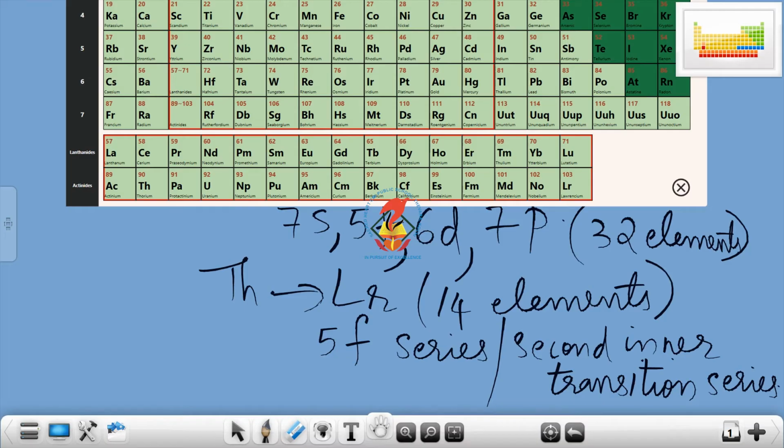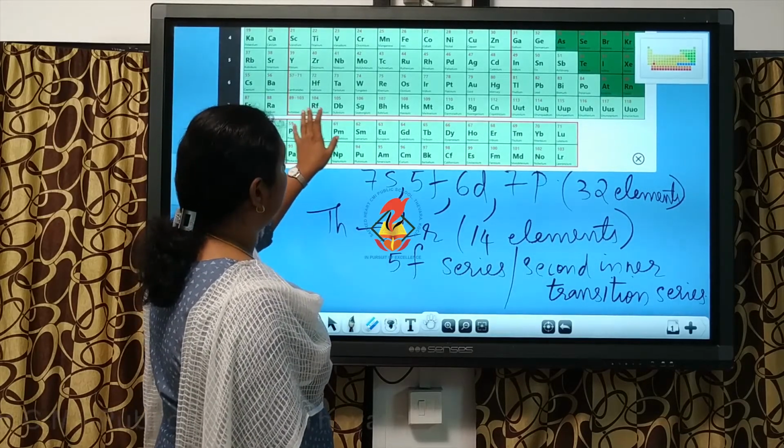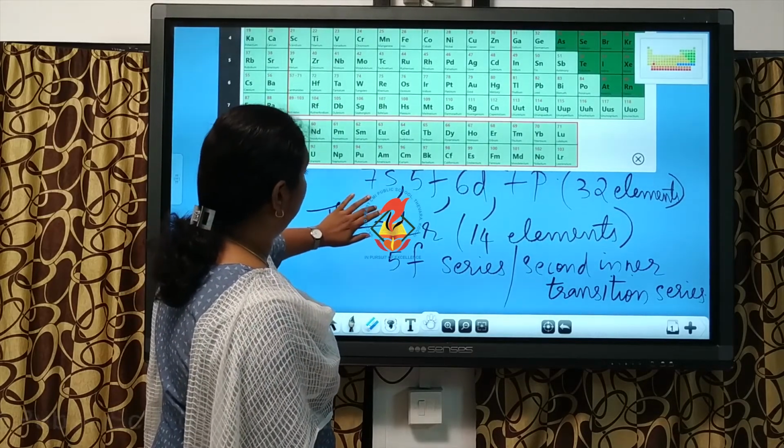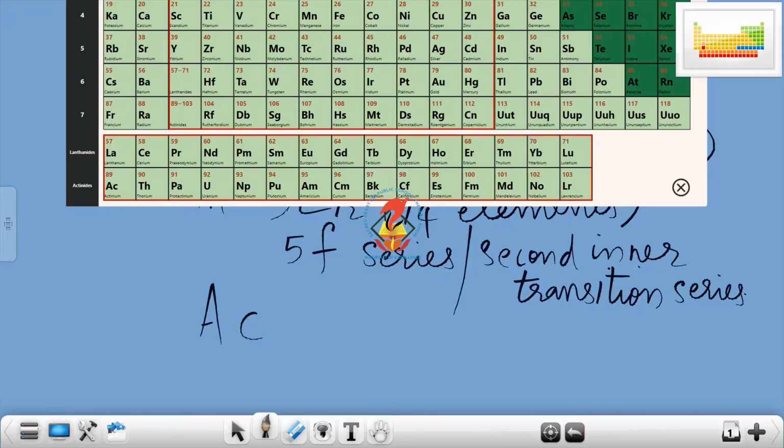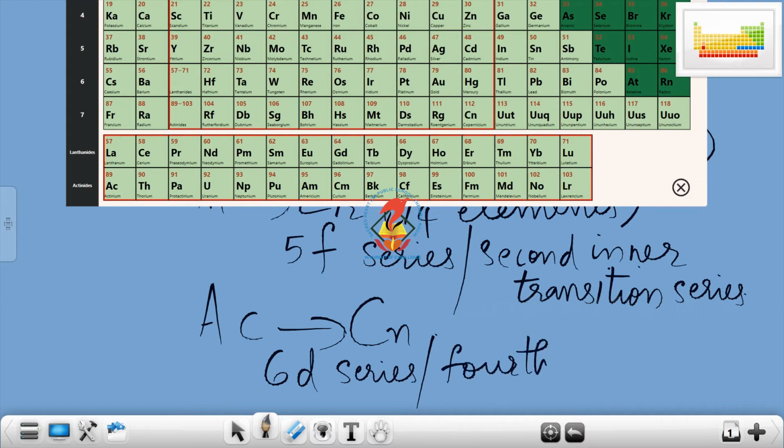Now after this we have from actinium to copernicium. So actinium symbol is Ac, to copernicium Cn, whose 6d orbital is getting filled. They are known as 6d series or 4th transition series.